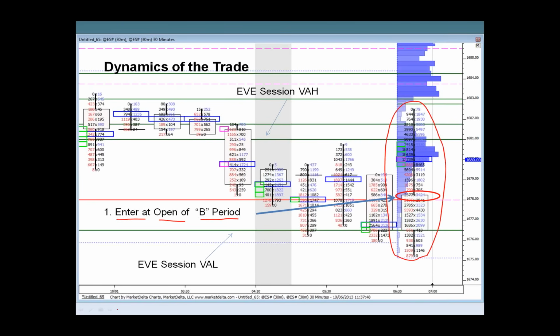And then our next step will be to take a look at where we would look to put our stop loss. And our stop loss, the best place for it would usually be right at the area where you saw the last intense volume activity.